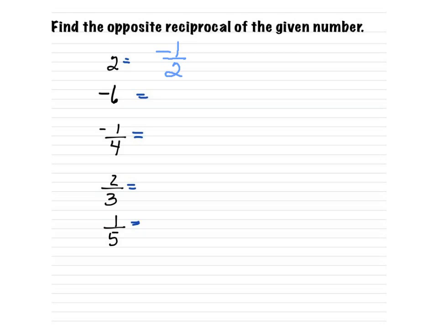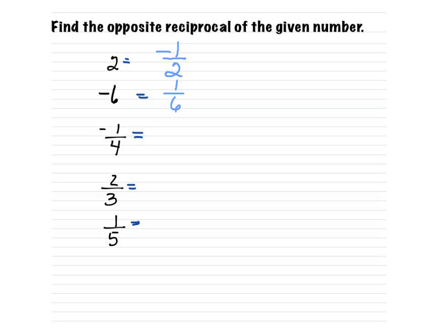2 is positive, so my opposite reciprocal will be negative. 2 is 2 over 1, so I have to flip the numerator and denominator to find the reciprocal, -1/2. Okay. The next one, -6. The opposite reciprocal of -6 is +1/6. -1/4.